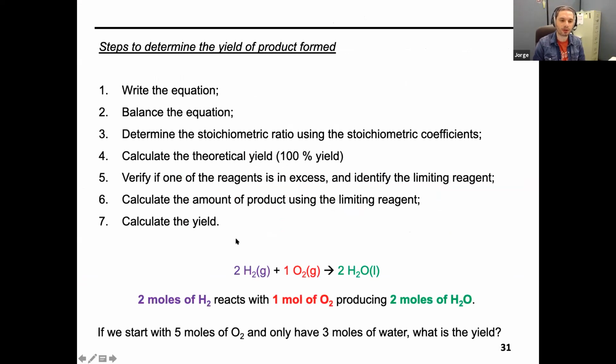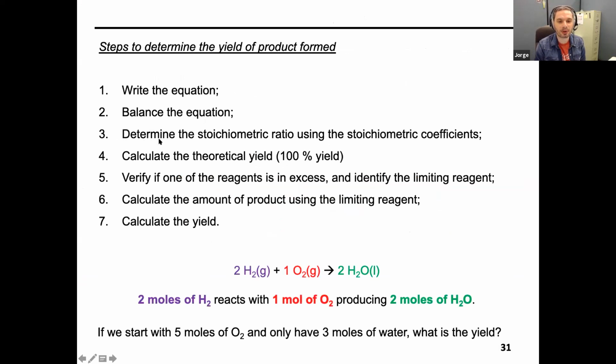Okay, so here is a strategy that I like to follow to determine the yield of a product formed during a chemical reaction. So always start writing the equation. Verify if the equation is balanced or not. If it is not balanced, you must balance the equation.